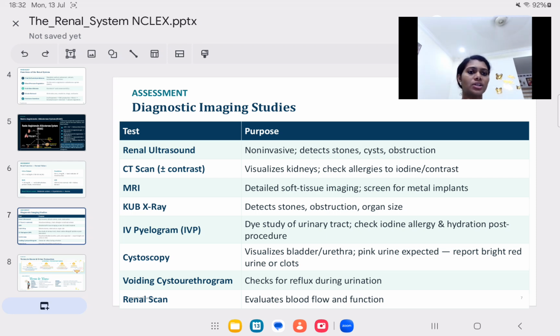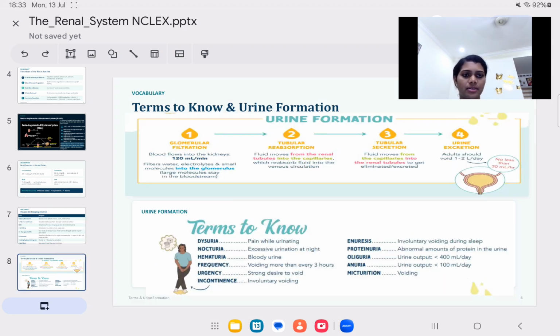To identify such conditions, or to identify whether the reflexes are taking place properly, we can go for the voiding cystourethrogram. Then the renal scan to identify the blood flow and the function of the arteries. These are some of the imaging studies related to the renal system.